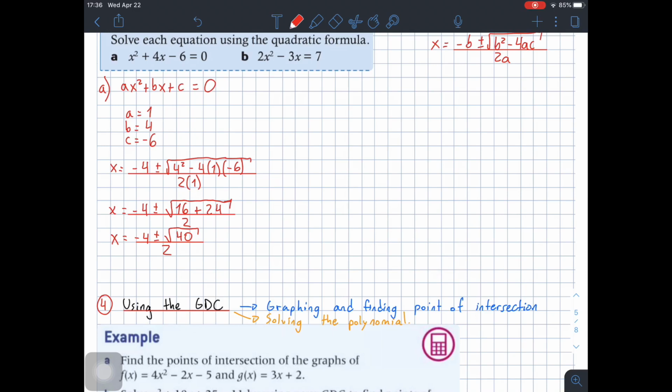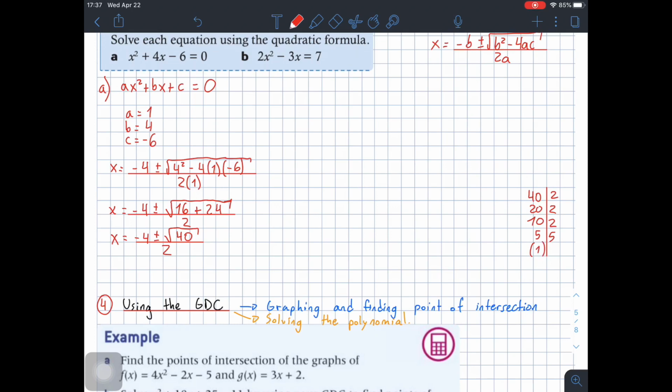We just need to find the prime divisors of 40. Okay, so if we decompose this into its prime divisors, we get 2, 20, 2, 10, 2, 5, 5, 1.